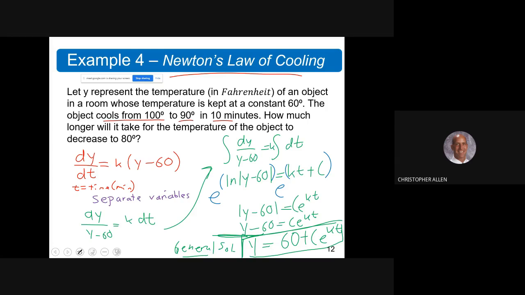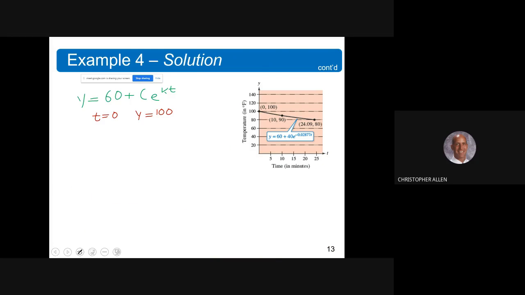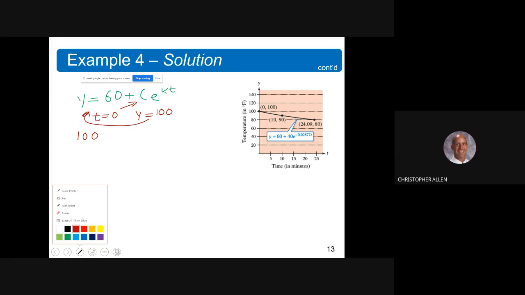So initially the temperature was 100 at time 0. In other words, I can now substitute this into this equation to figure out what c is. So 100 equals 60 plus c e to the k times 0 for our t value.